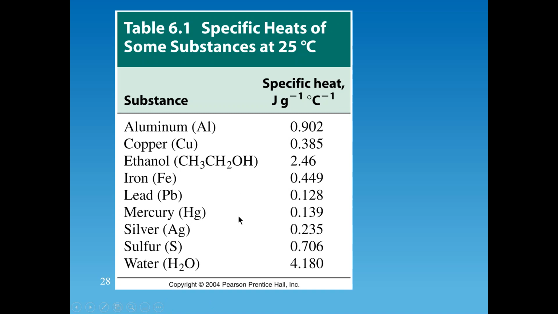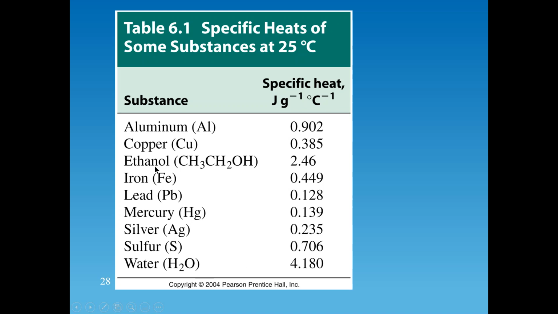And as you can see here, metals tend to have relatively low specific heats. So aluminum is 0.902, copper is 0.385, iron is 0.449, and so on and so forth. Typically what you'll find is that metals have specific heats lower than 1 joule per gram degree Celsius.